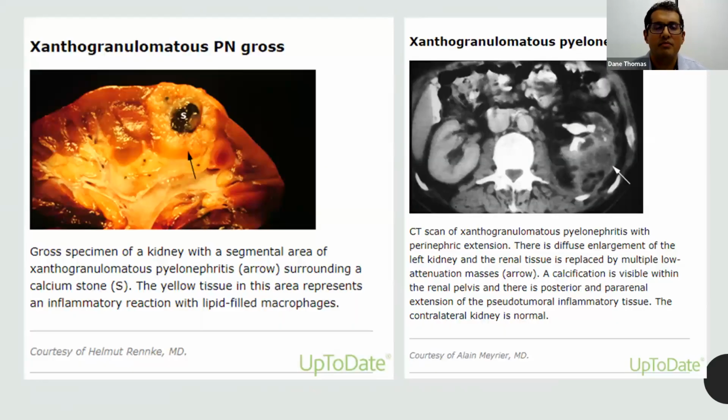This next slide shows the gross examination of a kidney with xanthogranulomatous pyelonephritis. On the right is a presentation of pyelonephritis seen on CT.